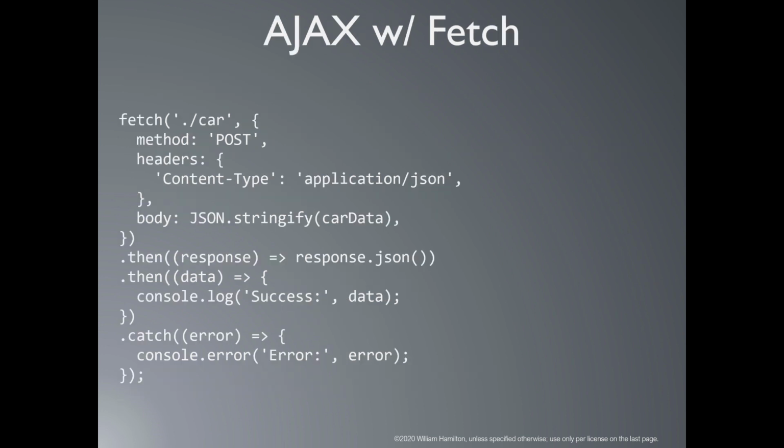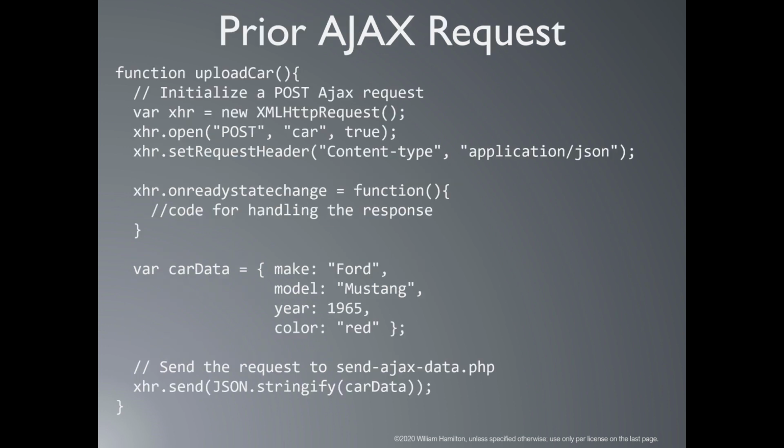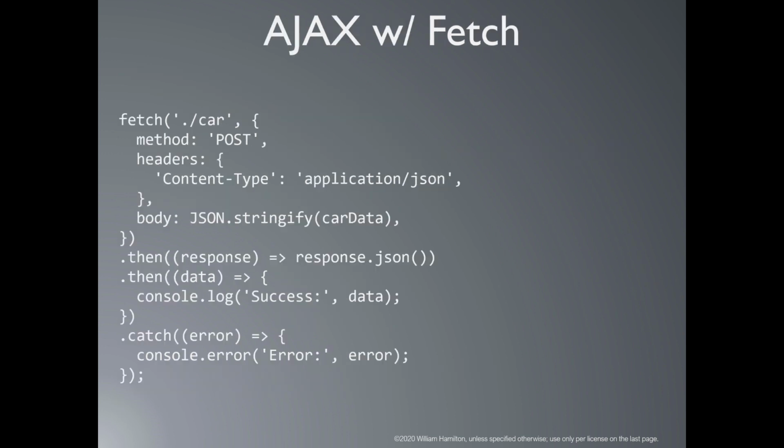So this is where things get a little bit weird. Instead of having this onReadyState function where we respond to things, we're using what are called promises. So this .then and .catch. These are sort of the promises working here.